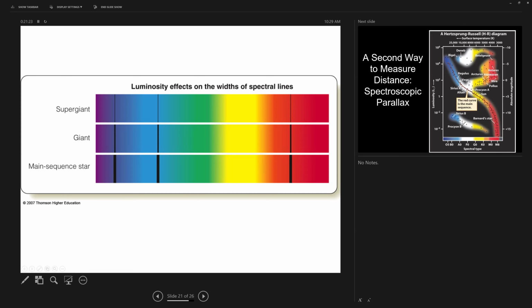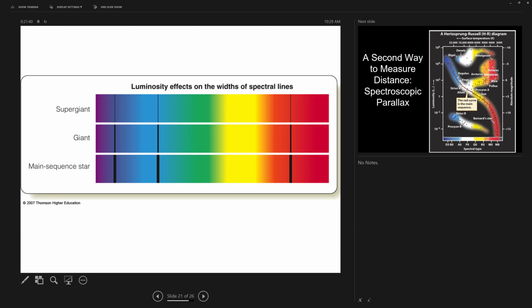This sounds really weird, but here's what's going on. In a main sequence star, the absorption lines that you see happen in the star's atmosphere, which for a main sequence star is more dense.